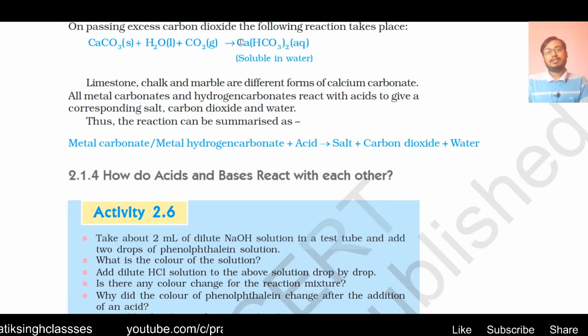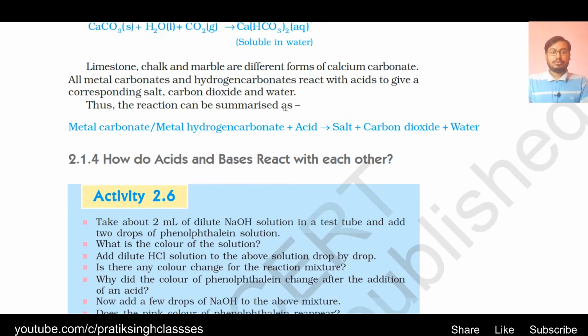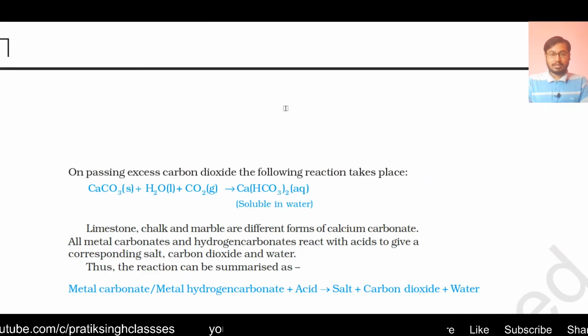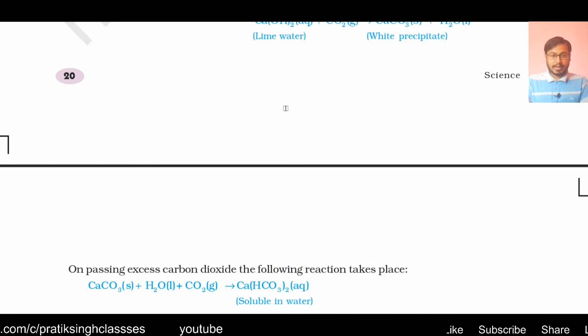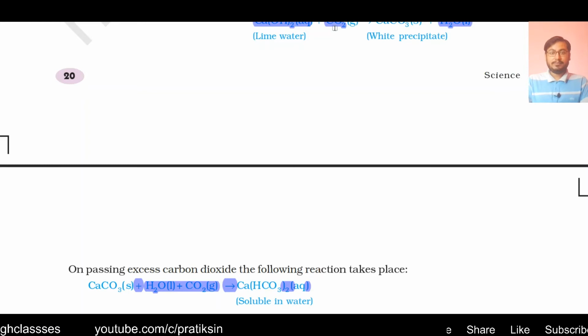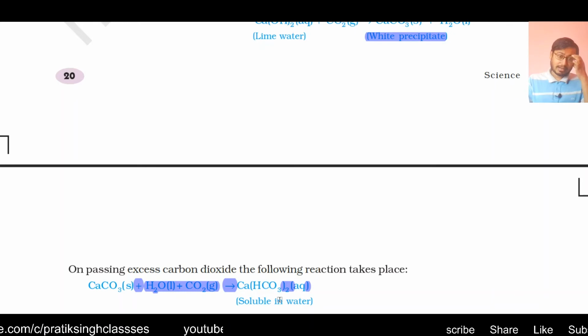That means here you will get a solution, we will not get any kind of precipitate. So as we have seen, if you compare the previous equation and this equation, when we had excess carbon dioxide, the calcium carbonate has converted into calcium bicarbonate.